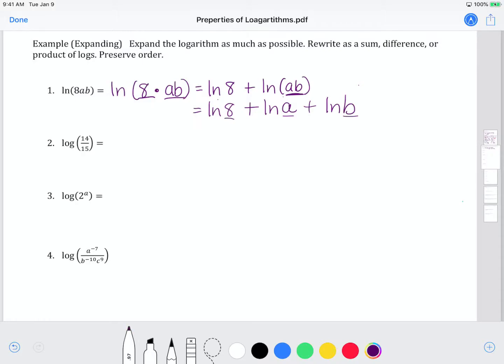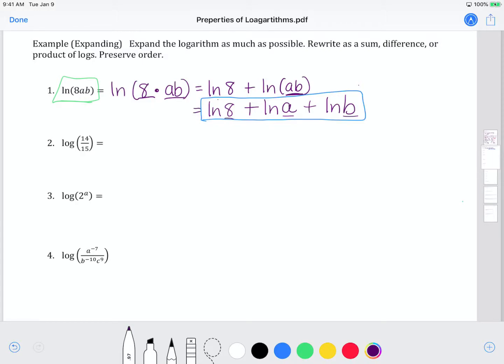When we expand, we don't want exponents up where the 8, the a, or the b is. We want all of that pulled down in front. So this is completely expanded. This is condensed form because I only see one log, and this is expanded form, and I have more than one log.